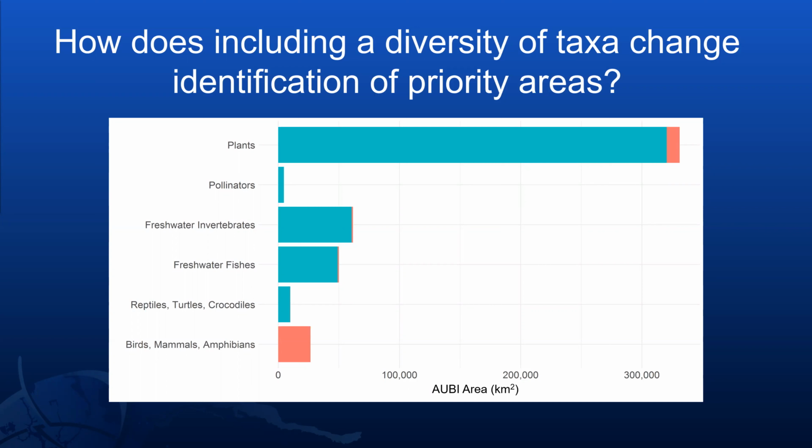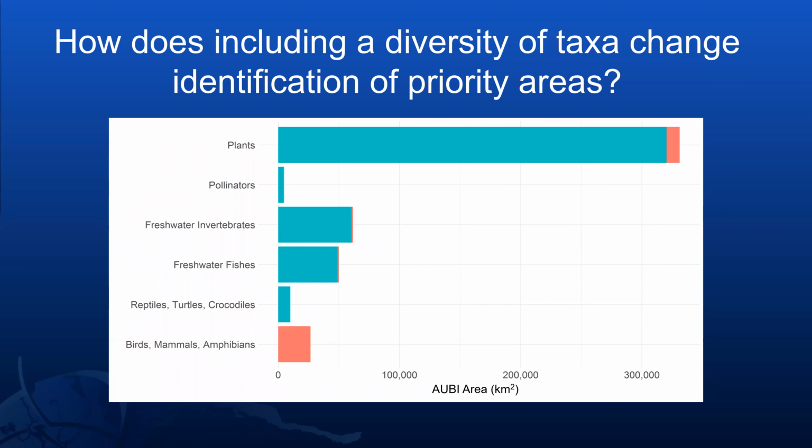So the turquoise represents the ABIs for each taxonomic group that are not included if you just look at birds, mammals, and amphibians. 98% of the plant and pollinator and freshwater invertebrate areas are not included when you look at the bird, mammal, and amphibian areas of unprotected biodiversity importance.